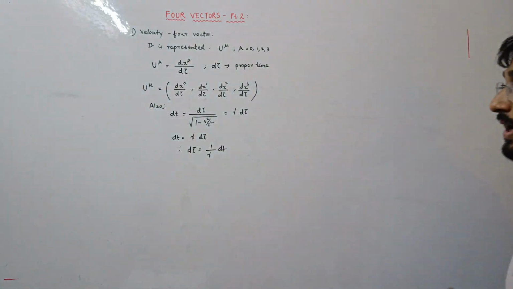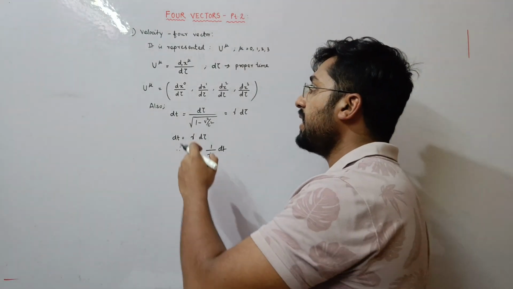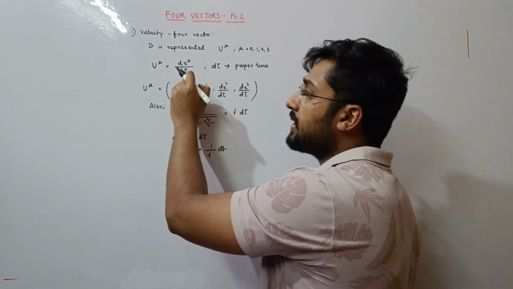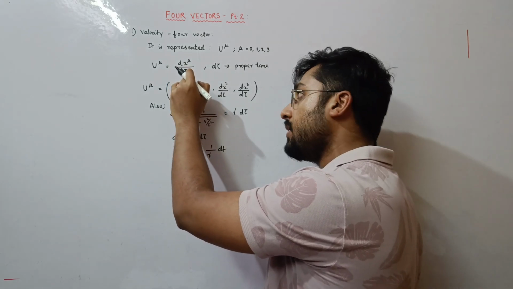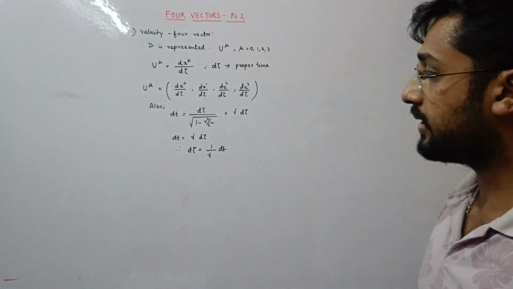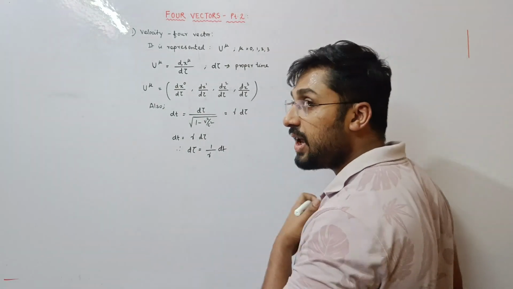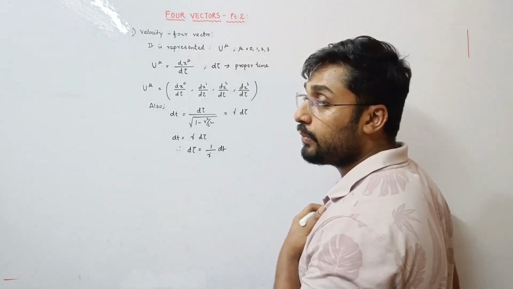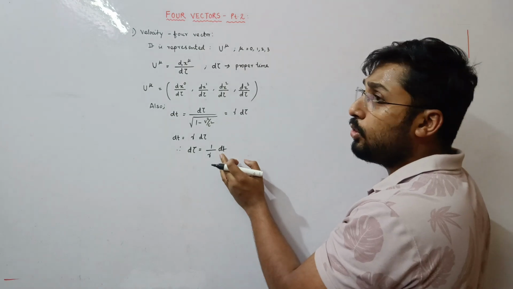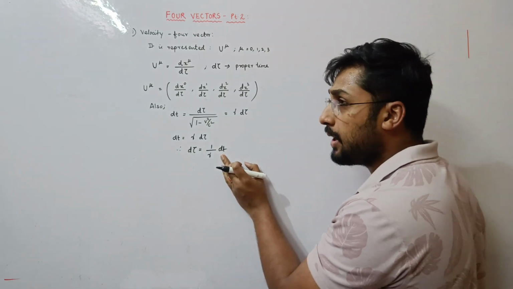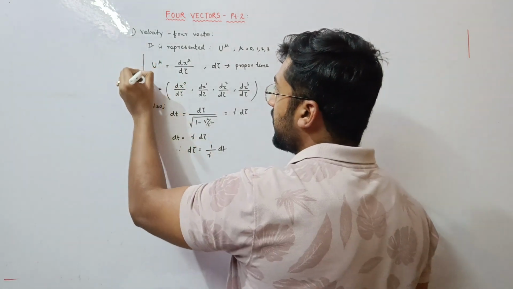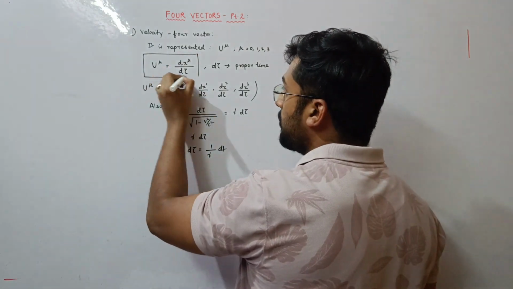Now what did I say? Initially I said that we are defining the forward velocity with respect to the proper time, not with respect to some observer's time, because in relativity every observer has a different time associated with it. But now, as we are performing the experiment, it would be better to convert this proper time dτ into terms of dt. Did you get what I'm trying to say? Usually when we define forward velocity, we define it using the proper time, right?